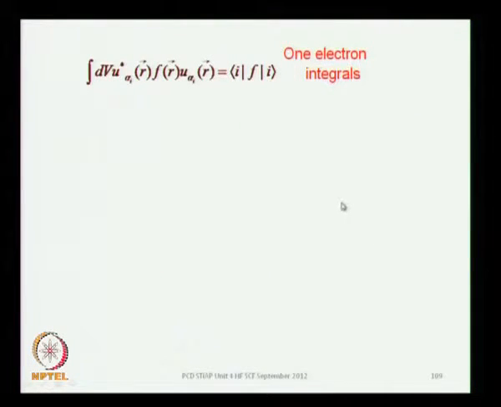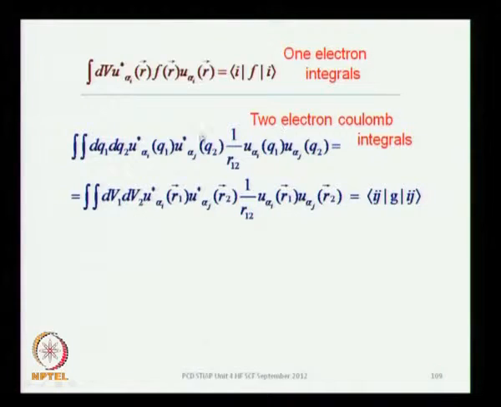Now, let me remind you that the 1 electron integrals can be written in a more compact fashion in the Dirac notation. So, we will go over to the Dirac notation, because then it is much nicer and easier to write the relations. Likewise, for the 2 electron integrals, the first is the Coulomb integral, which is sometimes called a direct integral.